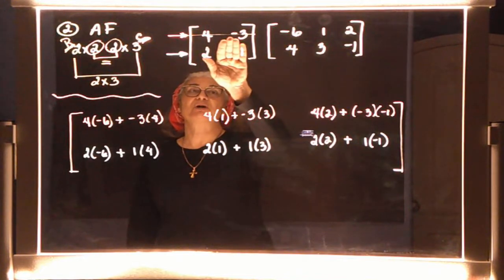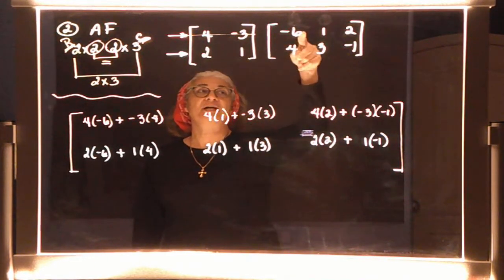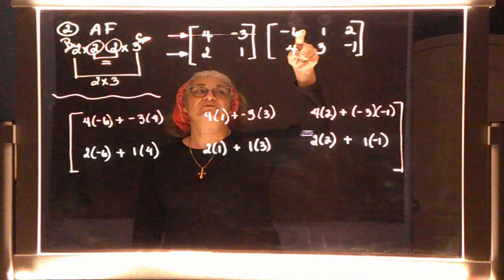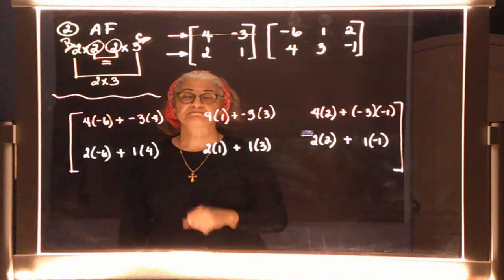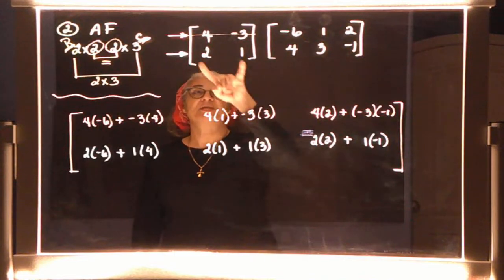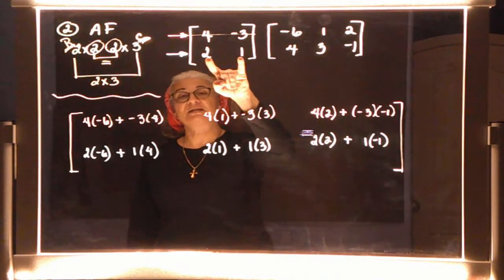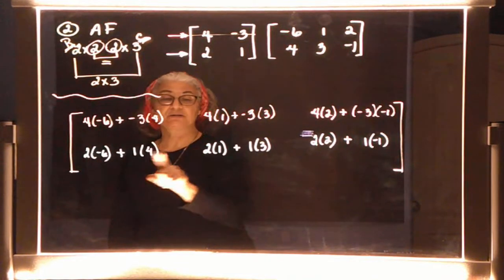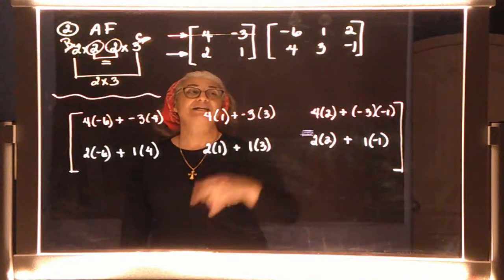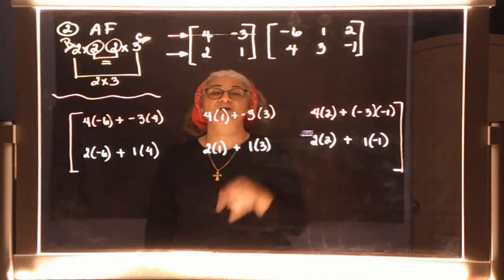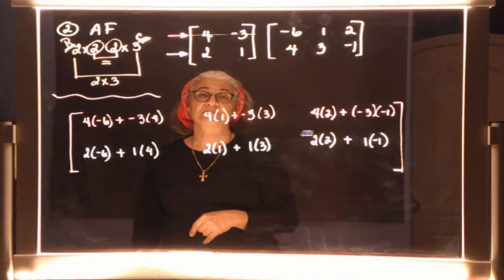And that first row got multiplied to the first column, second column, and third column, right? Okay. But then we had to take the second row, which had the numbers 2 and 1. So do you notice the numbers 2 and 1 are in the second row? And it got distributed to each of these three columns, correct?